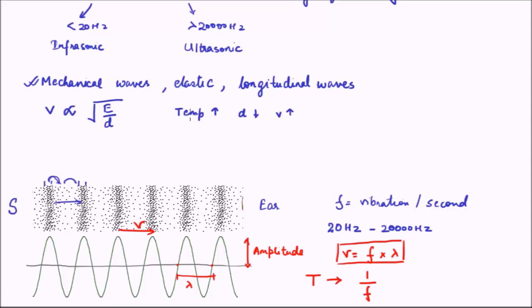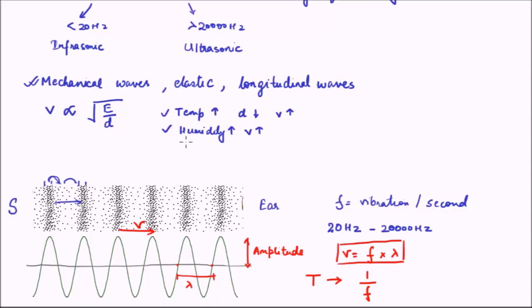So the relation between temperature and velocity is directly proportional. With a rise in temperature, the velocity of sound waves increases. The same is true of humidity: a rise in humidity will result in a rise in the velocity of the sound wave. So these are some factors which affect the velocity of the sound wave.